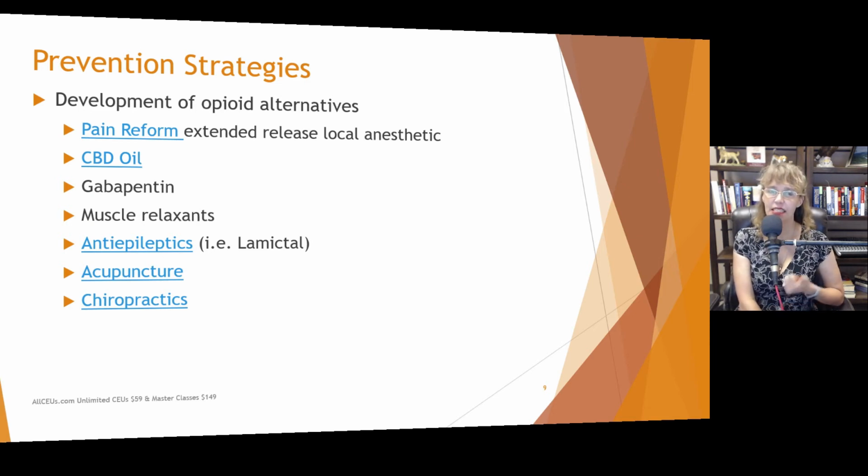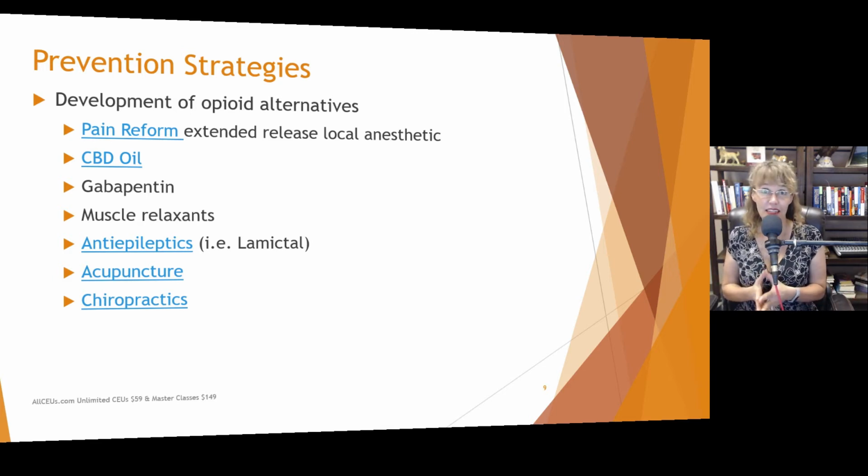Gabapentin is a medication that's a non-opioid that has been shown to have a lot of promise with neuropathic pain associated with nerve damage. Not so much with something like a broken arm, but with nerve damage. Muscle relaxants. Those tend to be more helpful for people who have pain, such as low back pain or muscular pain because they strained, sprained, tore, or ruptured a muscle or a ligament.